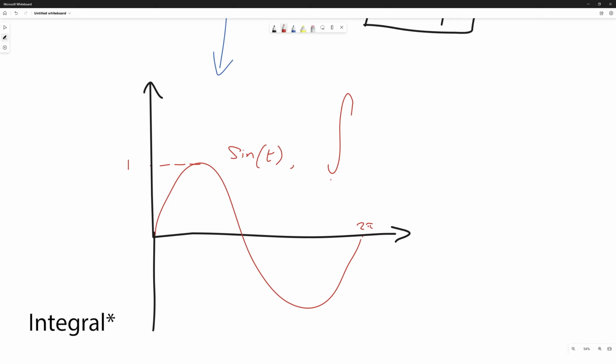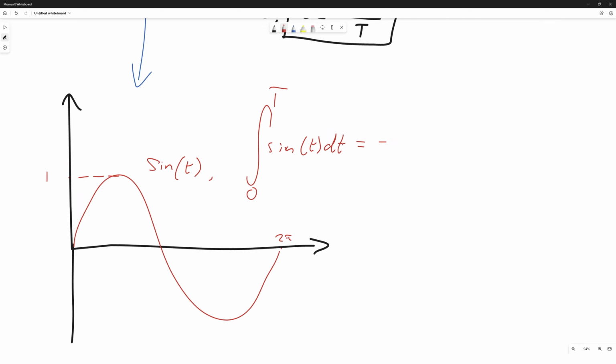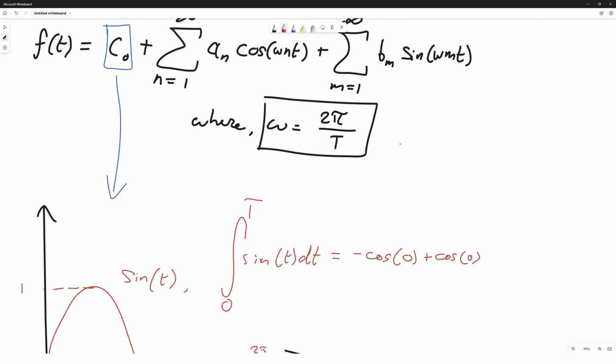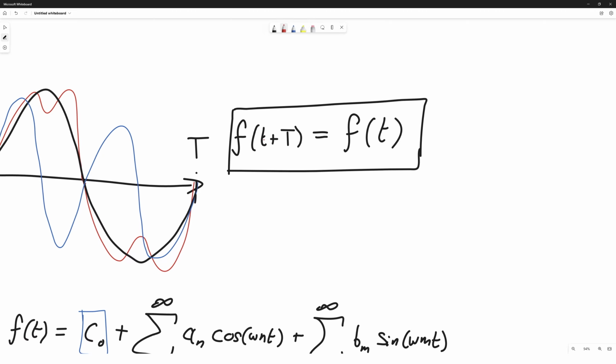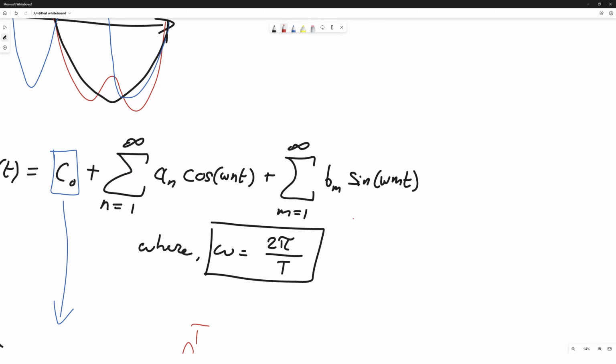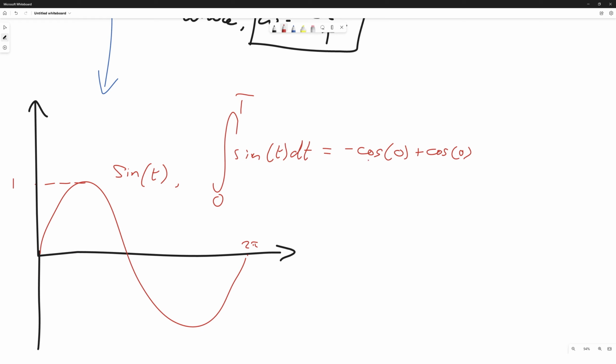Well, if we take an integral over the period of sine of t with respect to t, what we'll end up with is minus cosine of the period plus cosine of 0, right? And after a period, this is the same as 0, because remember, it's a periodic function, and 0 plus the period is just equal to the function at 0. And here, these are the same, so it equals 0.